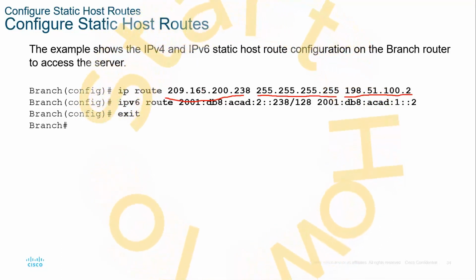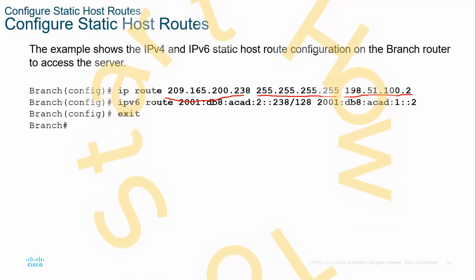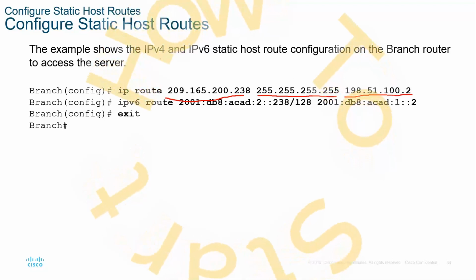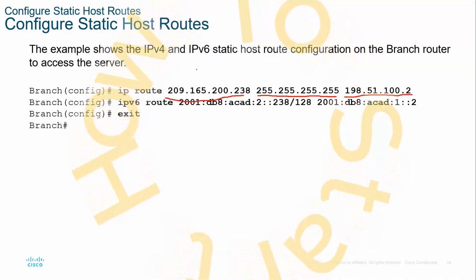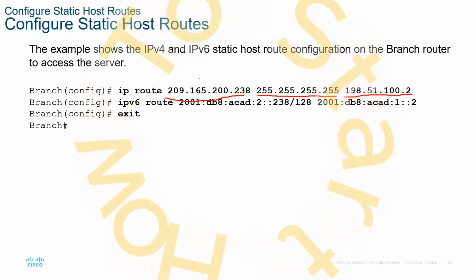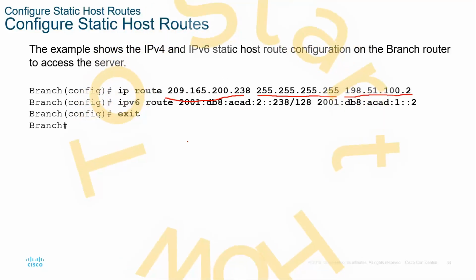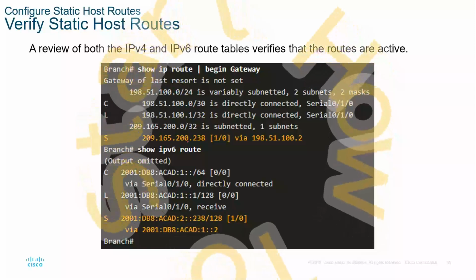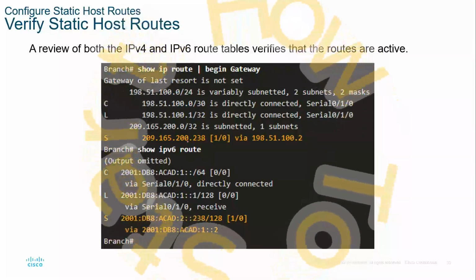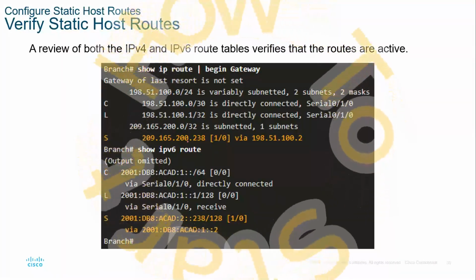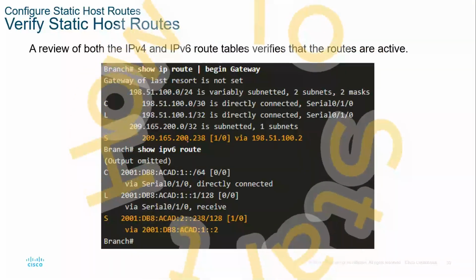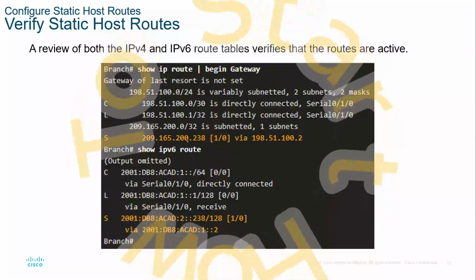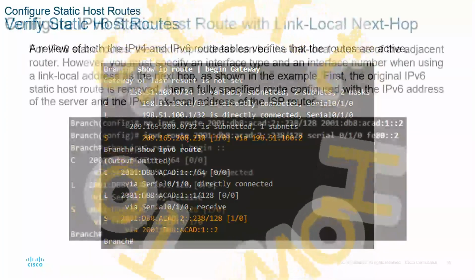That way, if we are sending something to 209.165.200.2, for example, this route would not accept that. This route is only matching this specific host and nothing else. To verify it, we can do a show IP route, and we can see what static routes are learned. And again, we can see if they are host routes, if they are denoting a /32 or a /128.